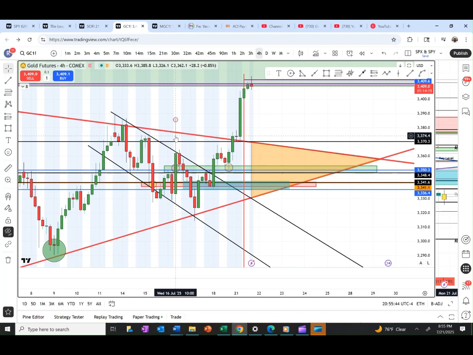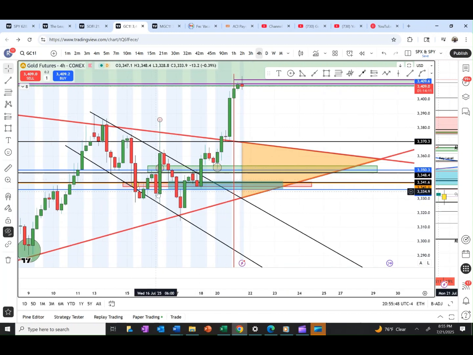It looks like 10 a.m. Yeah, I believe it's at 10 a.m. Well, it started at 10 a.m. because I'm on the 4-hour right now. So it started at 10 a.m. on the 16th of July, on a Wednesday.